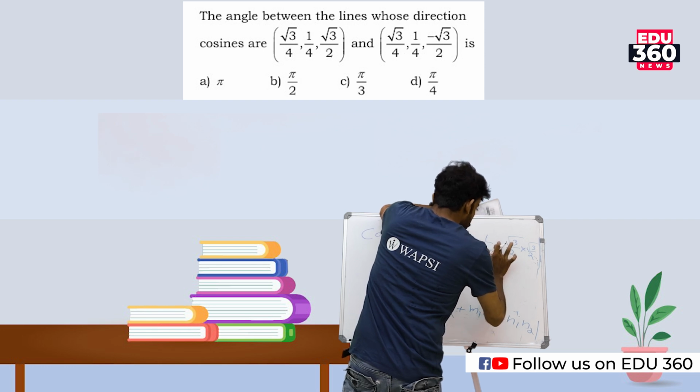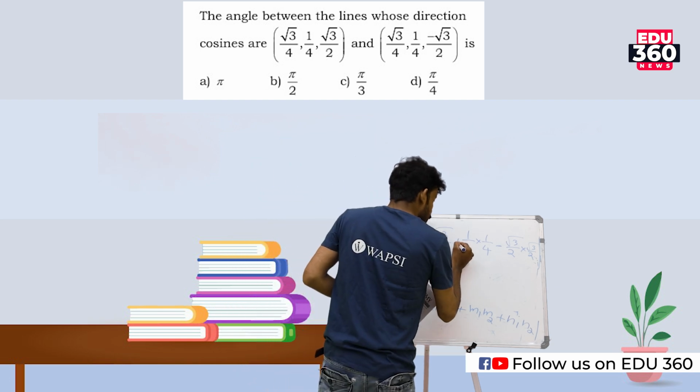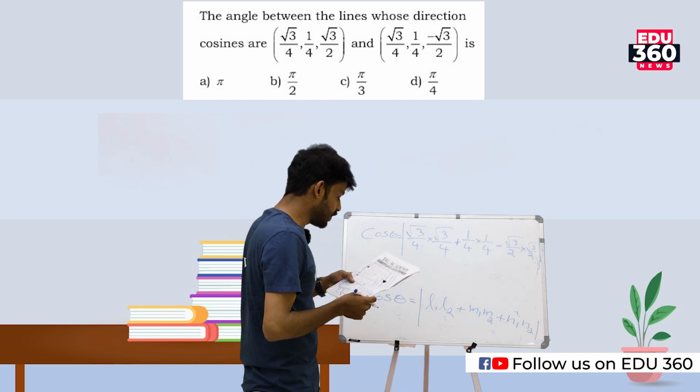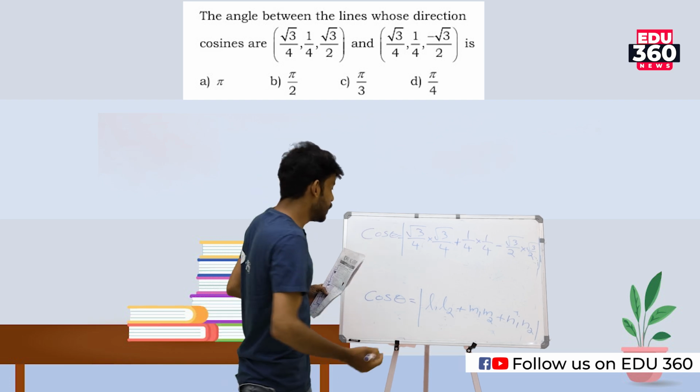So here it is negative. On the next step we can write root 3 into root 3, so the value is 3.